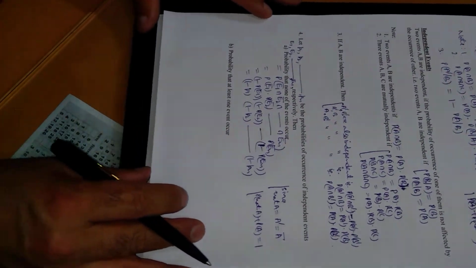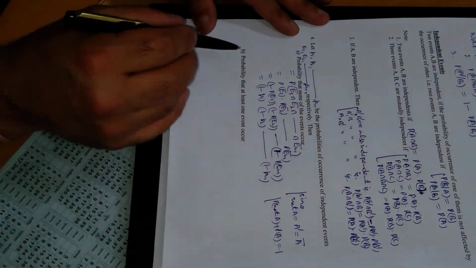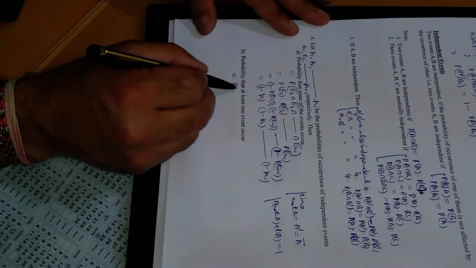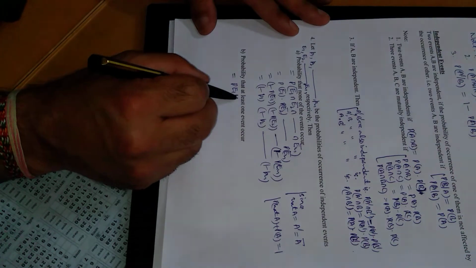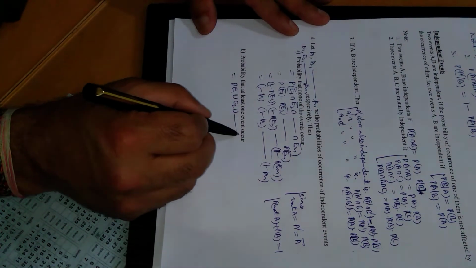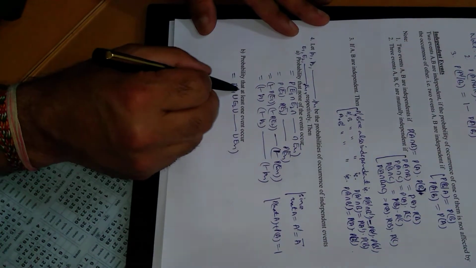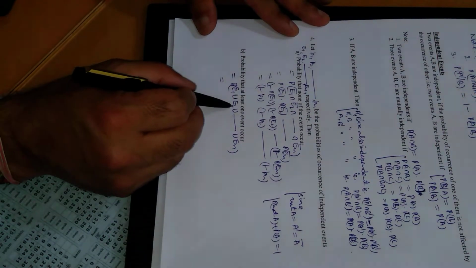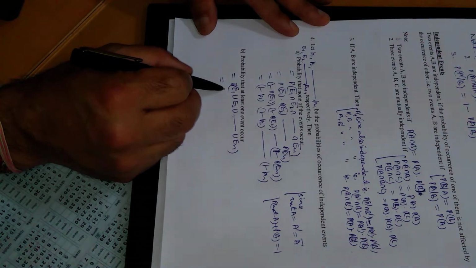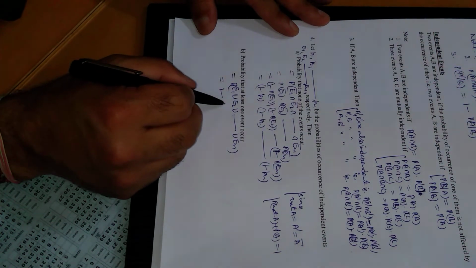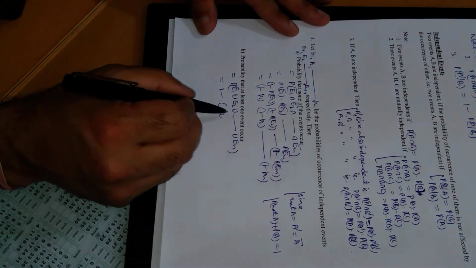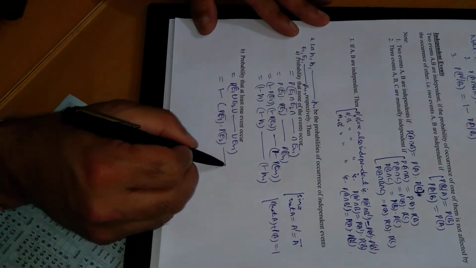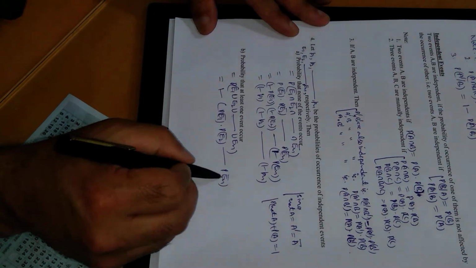Next is the probability that at least one event occurs. At least one event occurs means either E1 occurs or E2 occurs or En occurs. So this can be written as P of E1 union, meaning or, E2 union and so on, union En. This further can be written as 1 minus P of none of the events occur, which is P of not E1, not E2, and so on, not En.